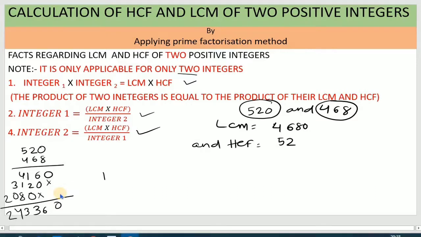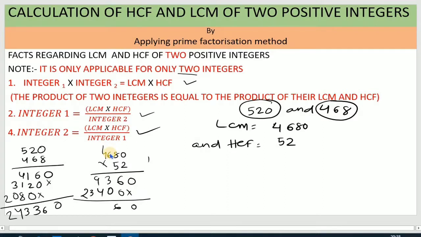Now we will multiply the LCM and HCF. Look, both numbers are the same.